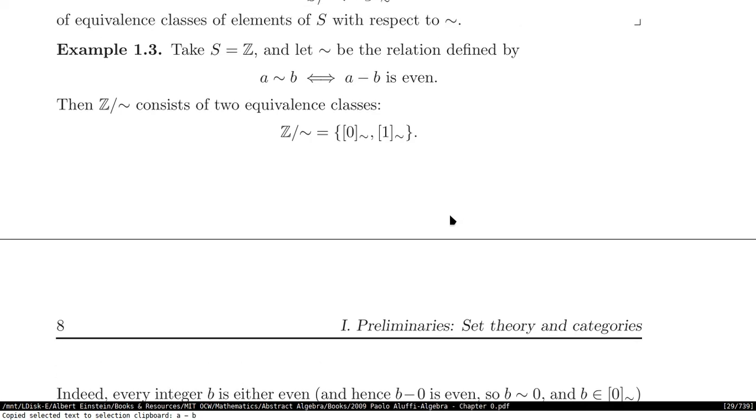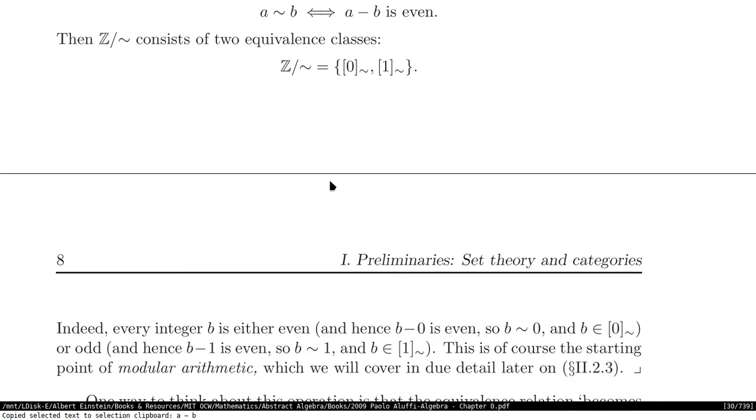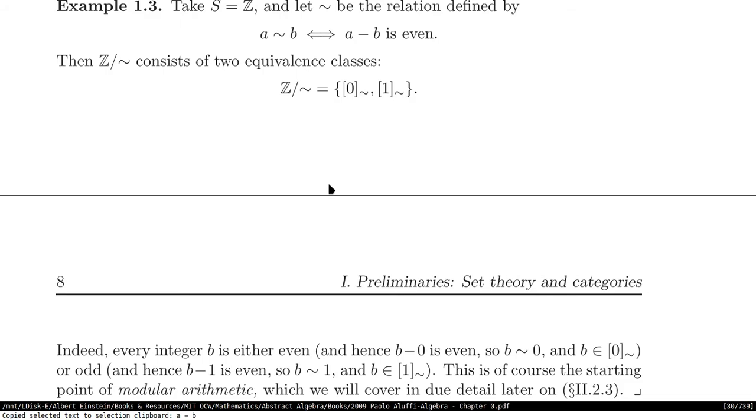But if you go with this, you're actually going to have just two equivalence classes, that of 0 and that of 1. The equivalence class of 0 is all the integers which, when subtracted from 0, give you an even number.